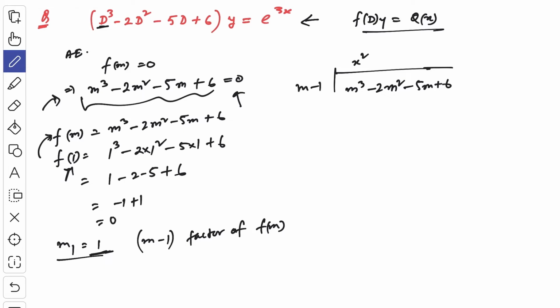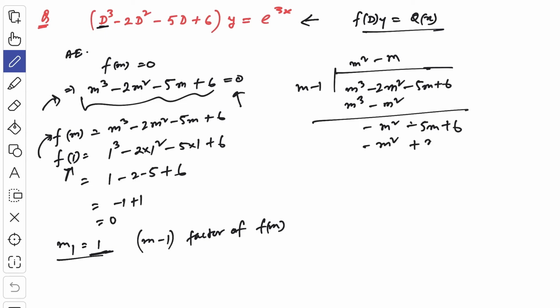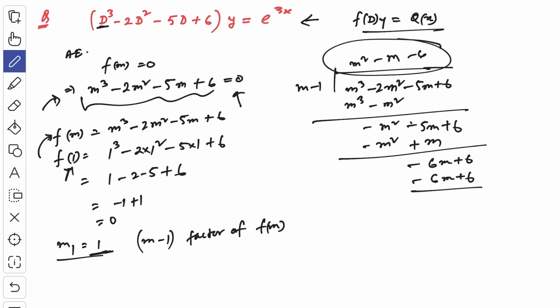First we get m square. Then m cube minus m square, leaving minus m square minus 5m plus 6. Then minus m, giving minus m square plus m, leaving minus 6m plus 6, then minus 6, and minus 6m plus 6. So we have got this. Now we have to solve this equation for the other two roots.